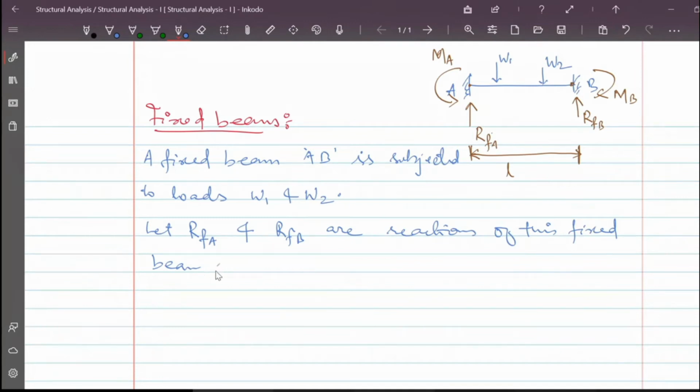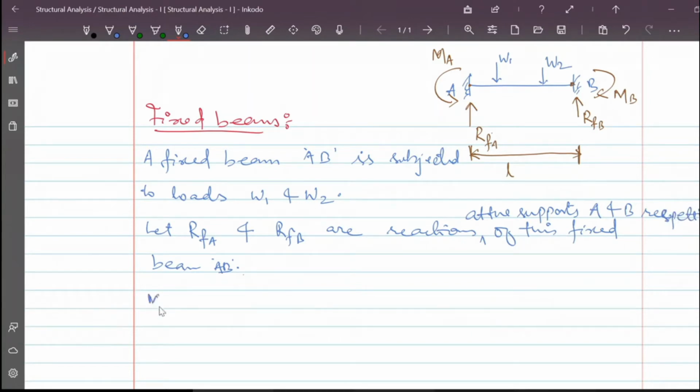Let RFA and RFB be the reactions at the supports A and B respectively of this fixed beam.